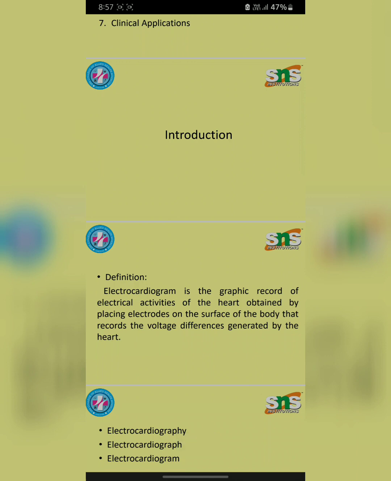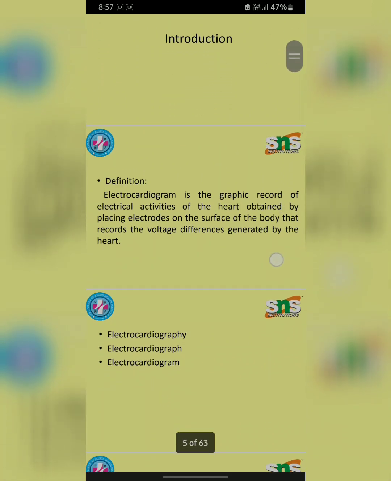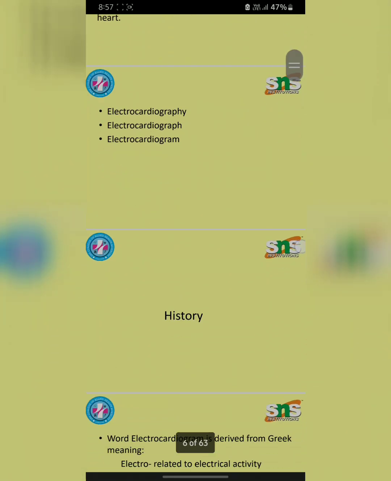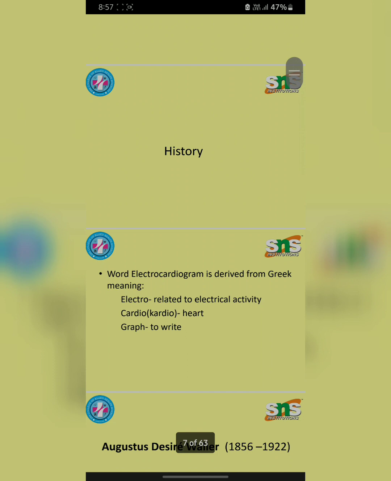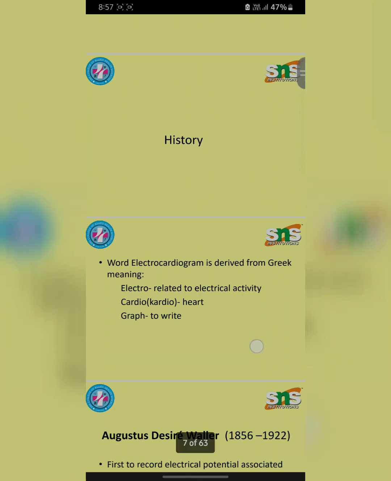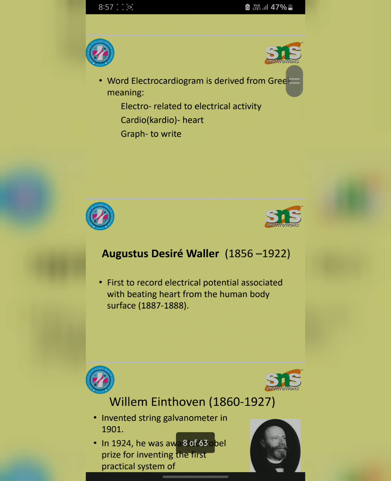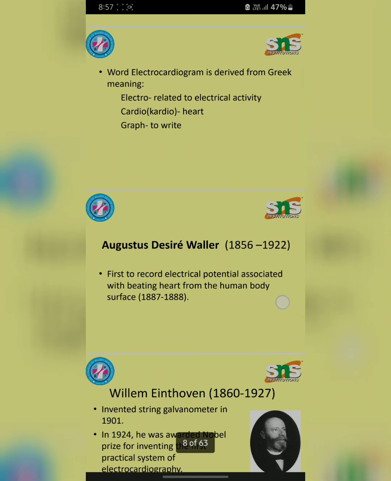The word electrocardiogram is derived from Greek, meaning electro related to electrical activity, cardio means heart, graph to write. Augustus Desire Waller, 1856 to 1922, was the first to record electrical potential associated with the beating heart from the human body surface, 1887 to 1888.